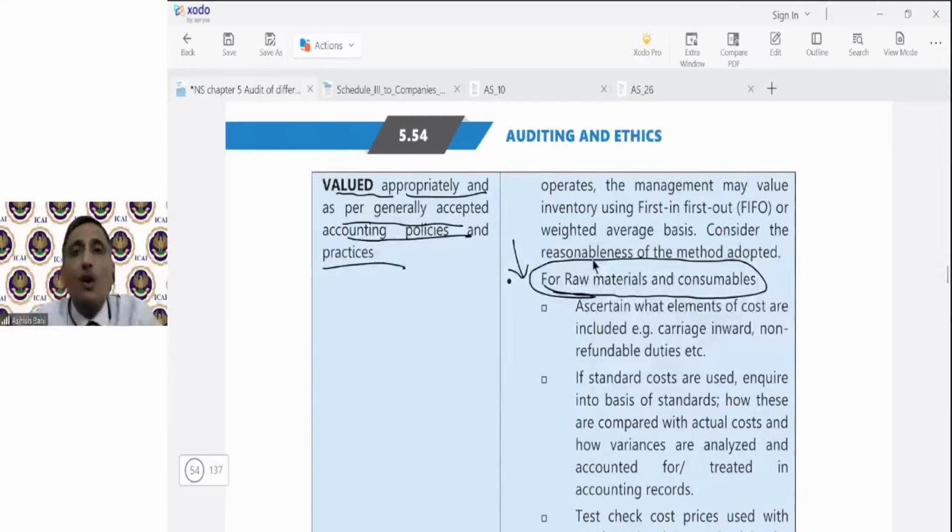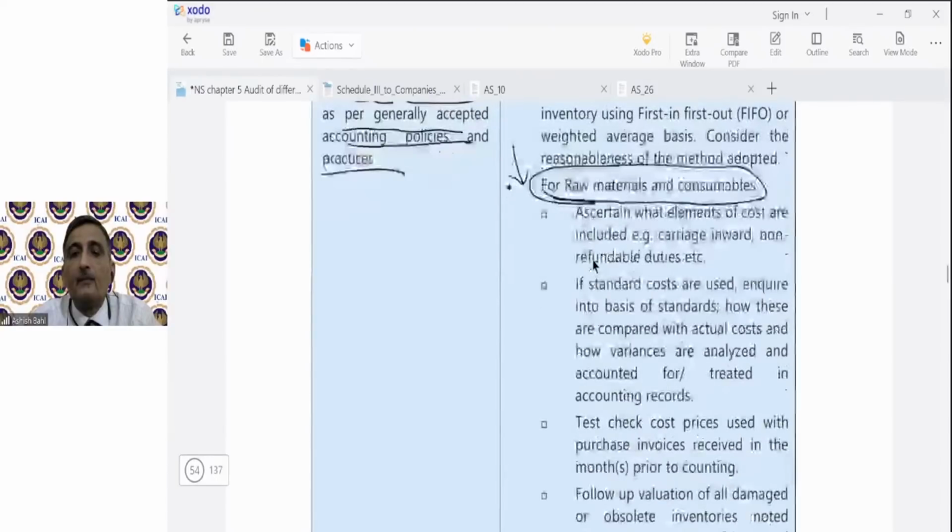So these also go to form part of the cost of that raw material. It is an example of direct cost. It is not going to be refunded, so obviously it forms part of the cost of that raw material. So these things are to be checked.